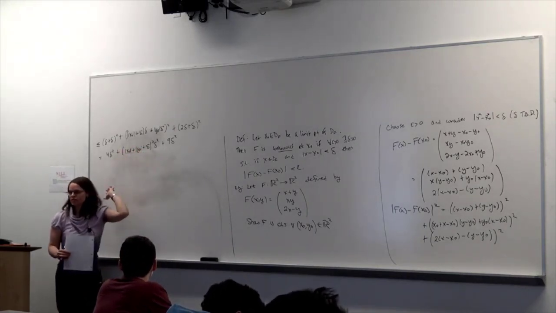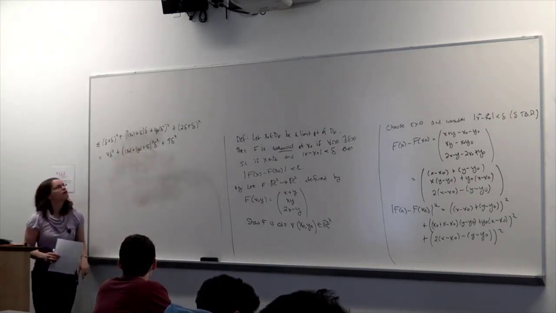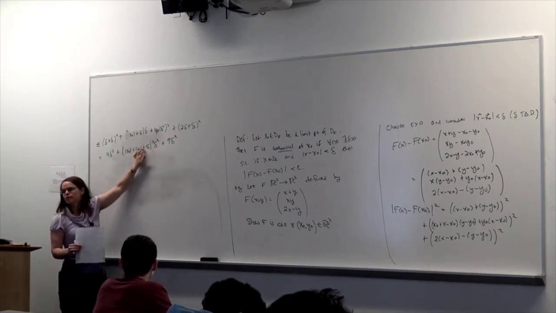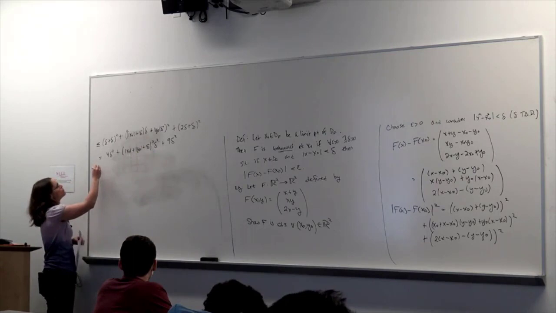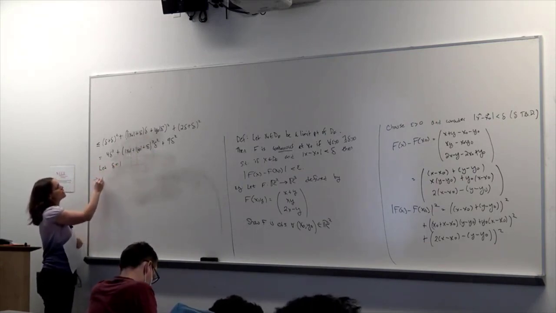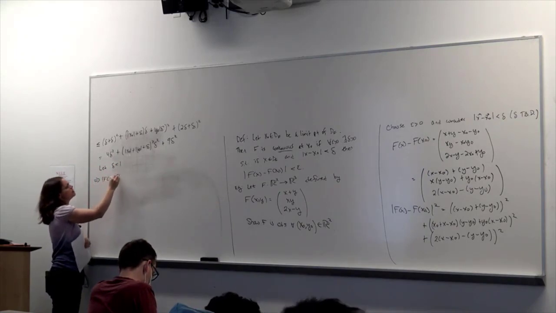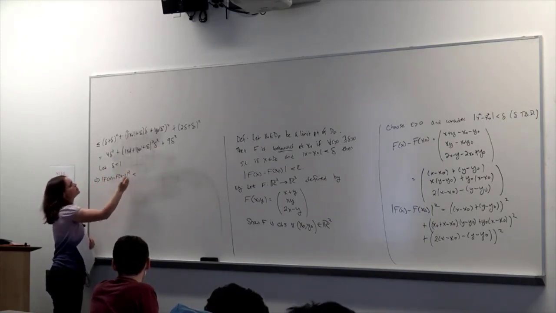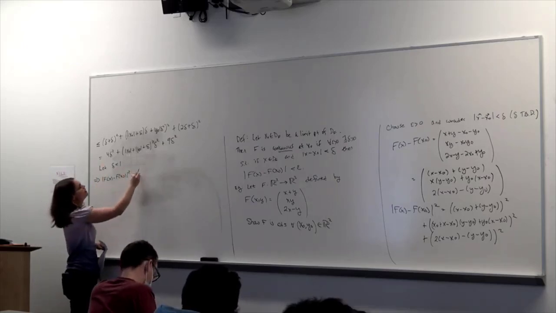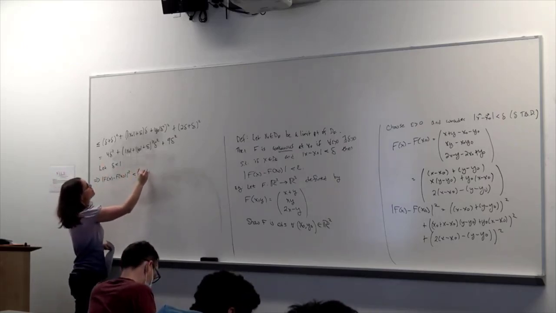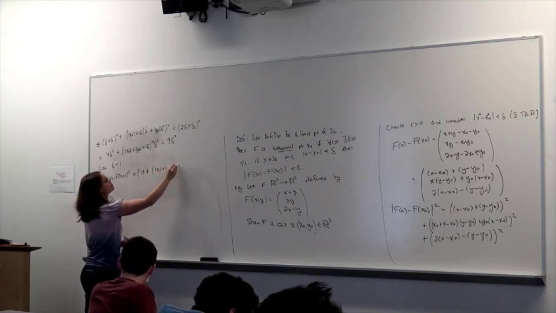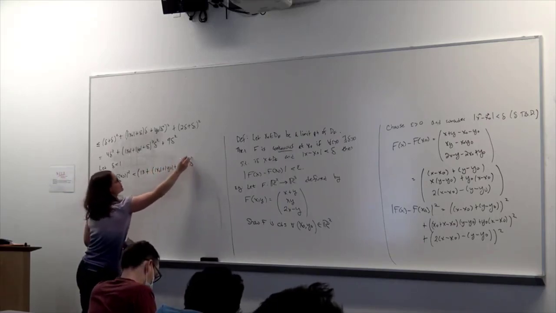But we could say, let's let delta be less than 1. As long as we've got our delta sitting out here, we can make whatever assumptions we want about delta in here. So if we let delta be less than 1, we're going to get that all of this is bounded by, well, let's see, 4 plus 9, 13, plus x naught plus y naught plus 1 squared, times delta squared.